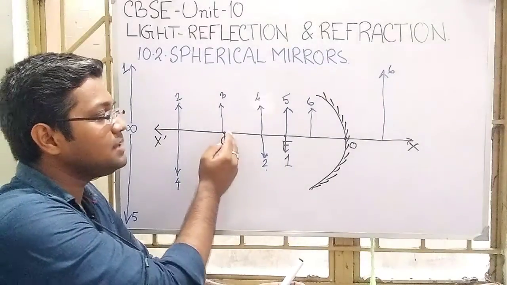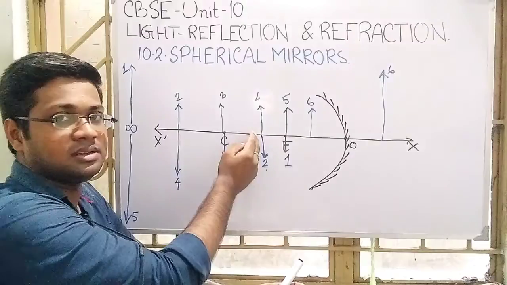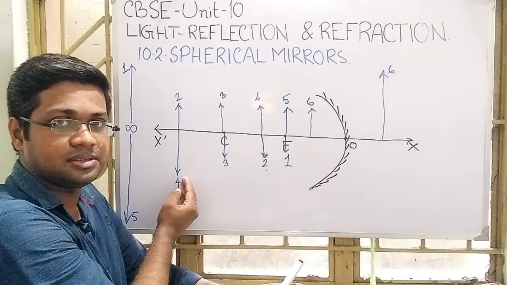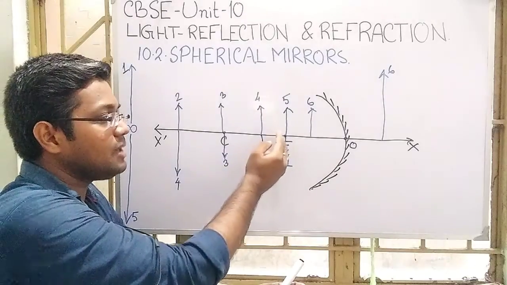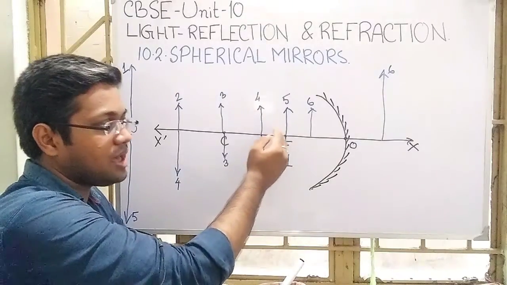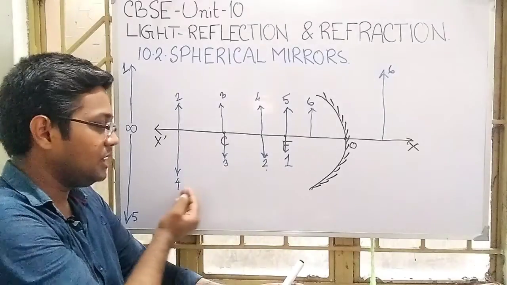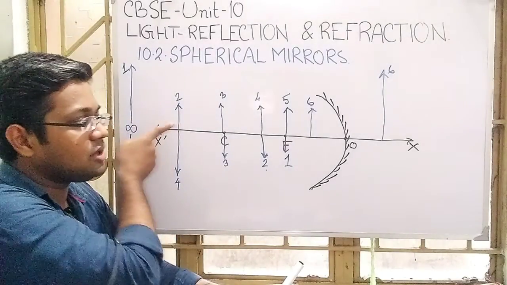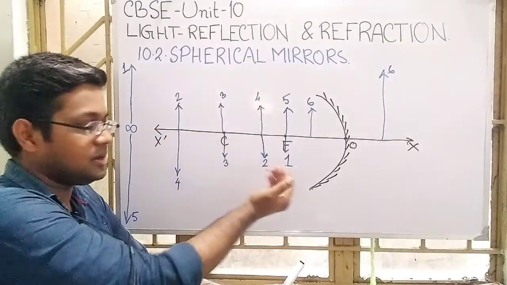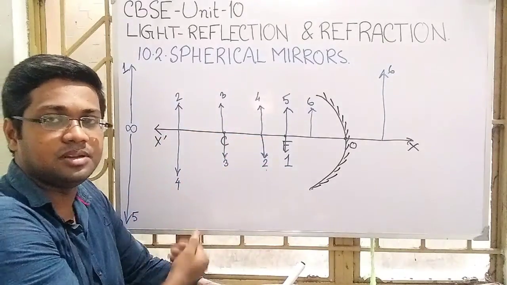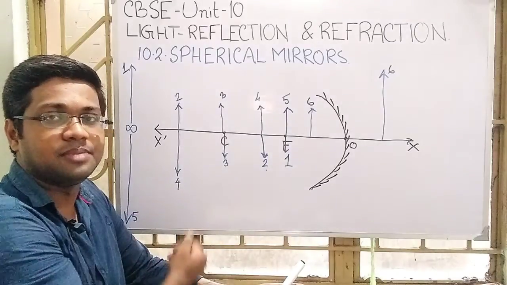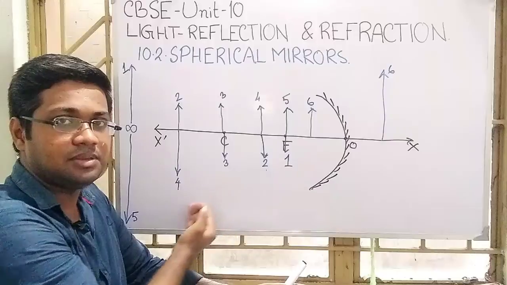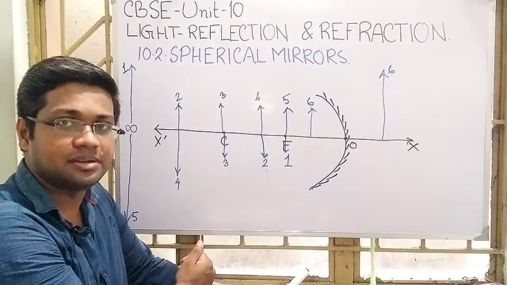If I again shift the object towards the mirror, it will again come outwards. If I again move it and place it at the focus, it again moves outwards. So if we push the object towards the mirror, the image comes outwards from the mirror. The image moves away from the mirror, and the size of the images is continuously increasing in this fashion.